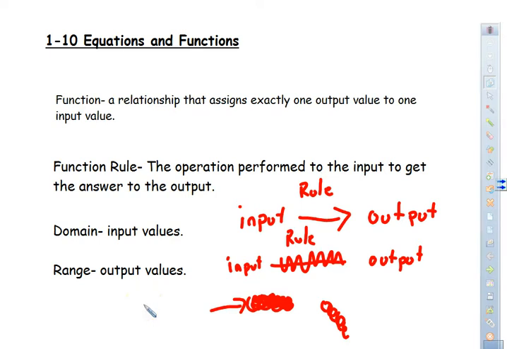Another analogy that you could think of is that some of your parents might work in a factory. A factory that comes to my mind is the GM plant.